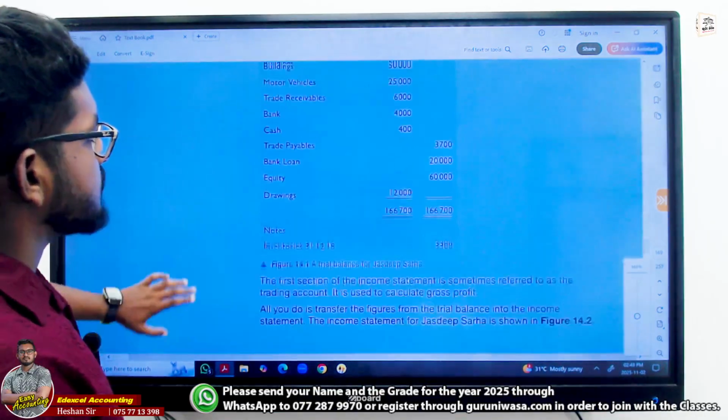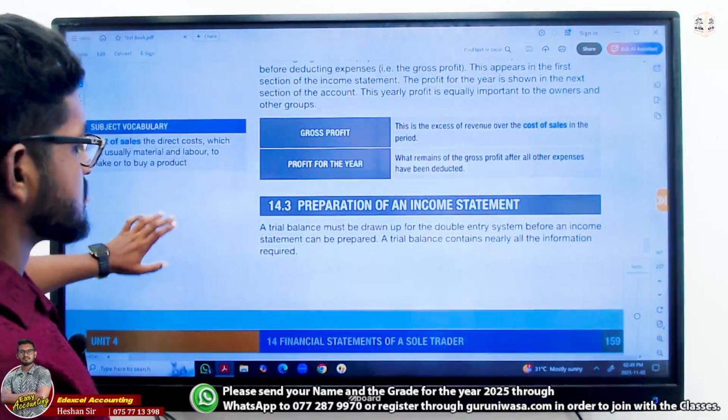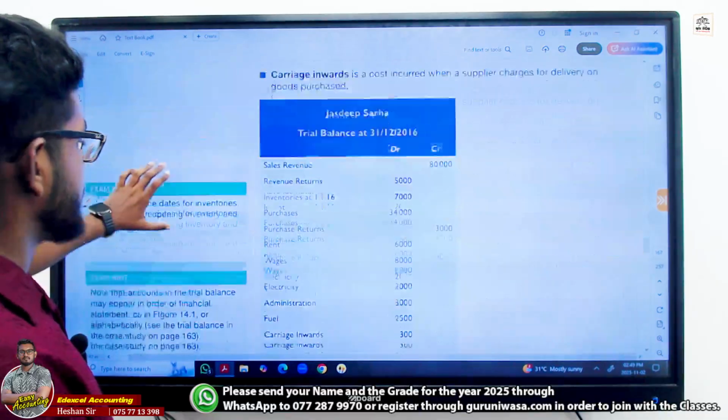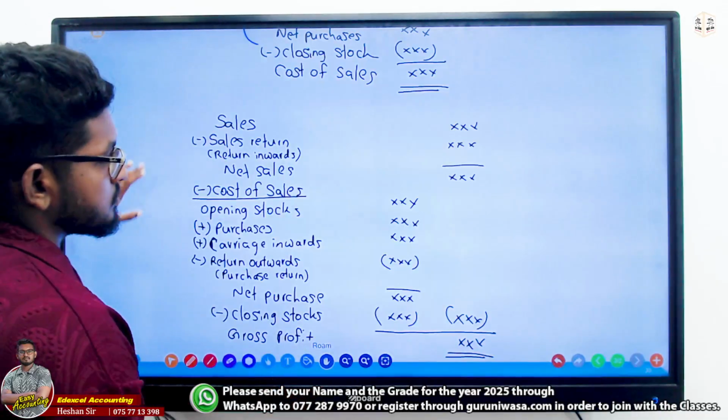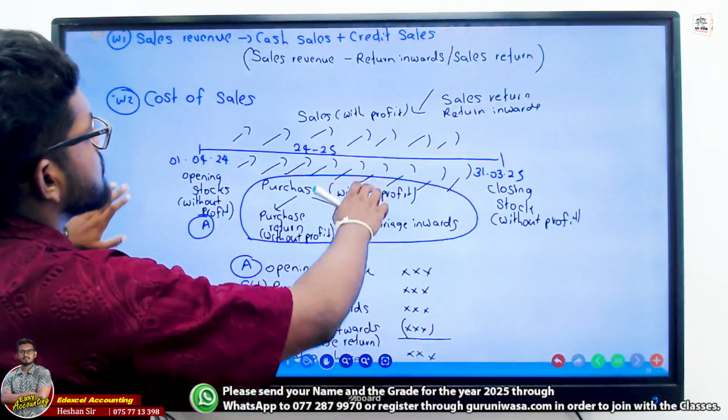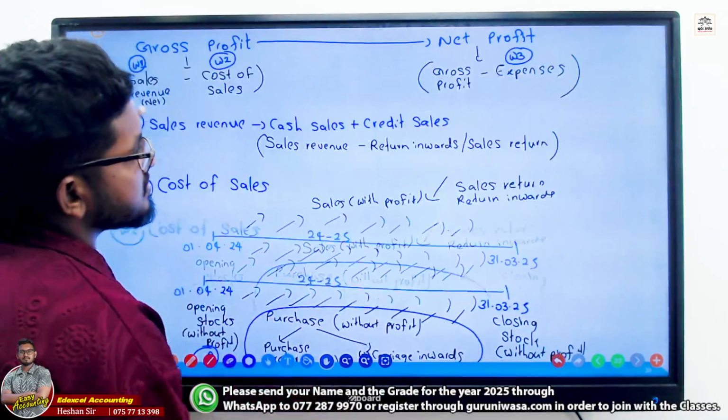From gross profit we deduct expenses. Now in working number 3 I gave you expenses.